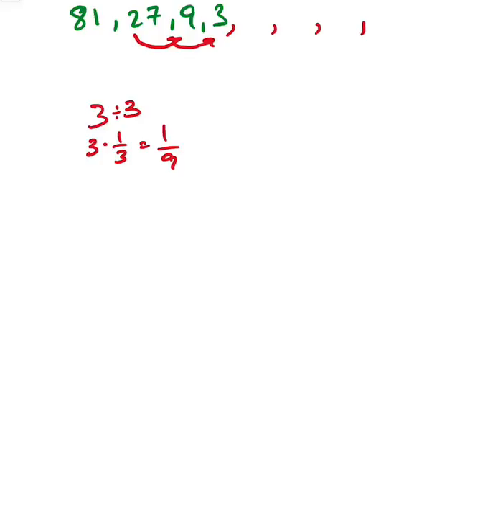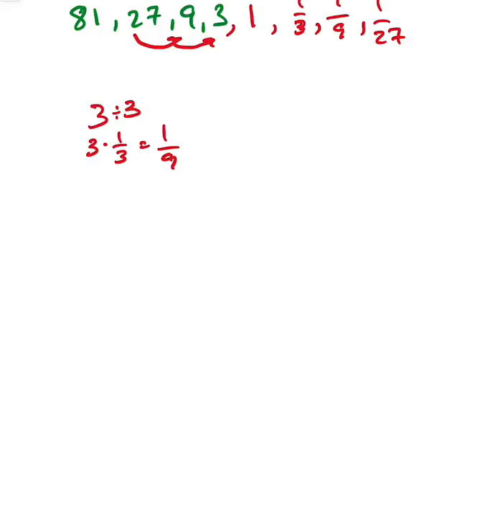If I divide 3 by 3, because each of these is dividing by 3, right? If I divide 3 by 3, then that's 1. And I divide 1 by 3, that's 1/3. And divide 1/3 by 3, that's 1/9. And then 1/27. And that's my final answer there for number 3.